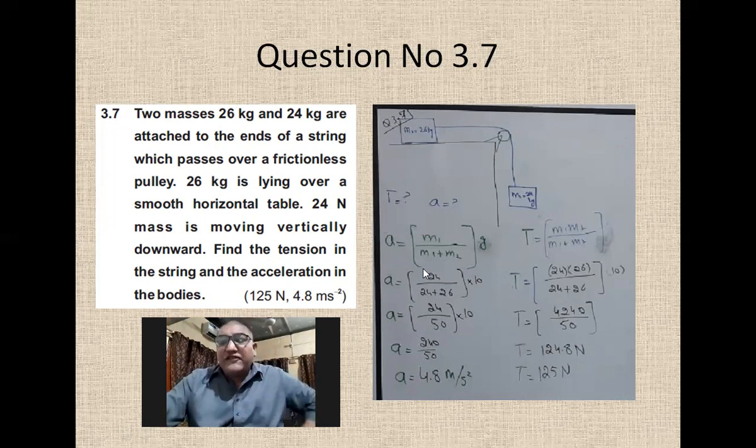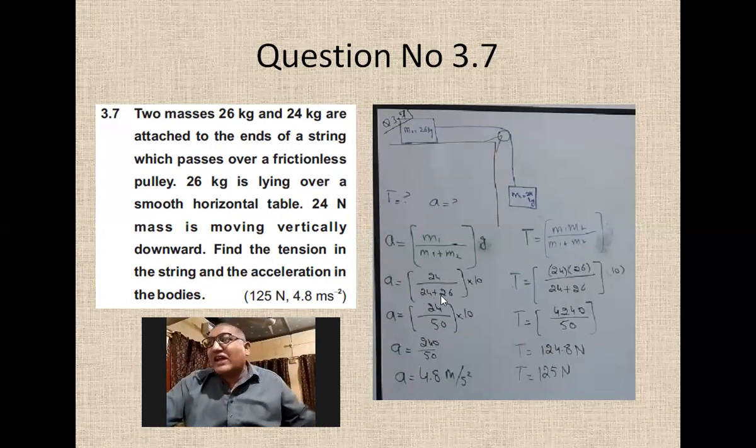You need to remember that M1 is the mass which is hanging vertically. So here we will have 24. Just substitute those values: 24 plus 26 into 10, g value is 10. So you will have 24 divided by 50 into 10, so it will be 240 divided by 50, and that will be 4.8 meter per second square. So that's the acceleration.